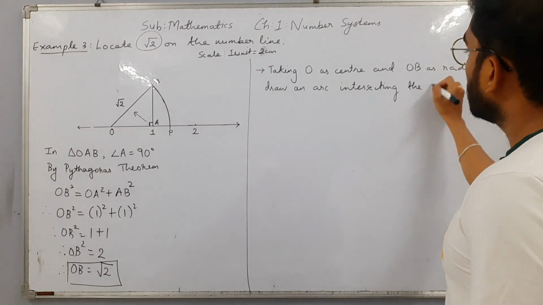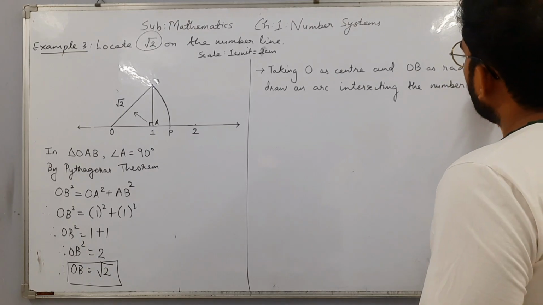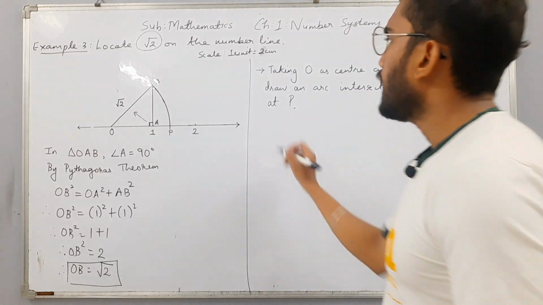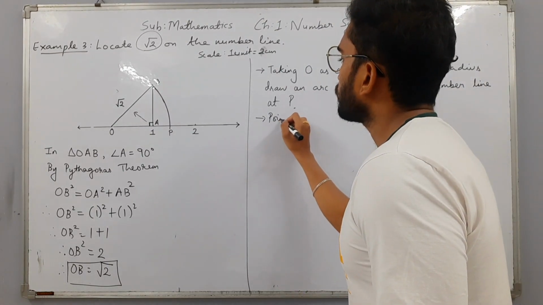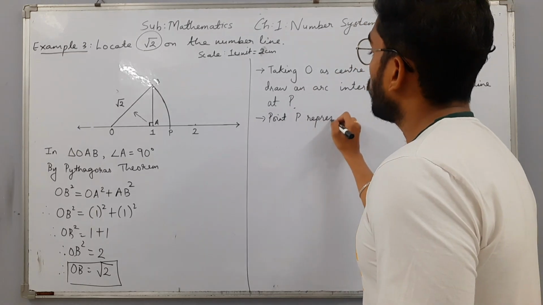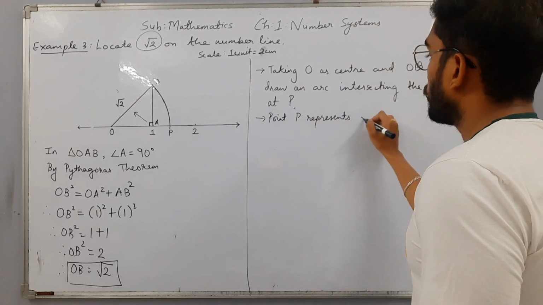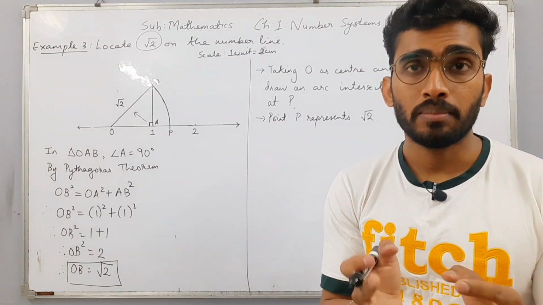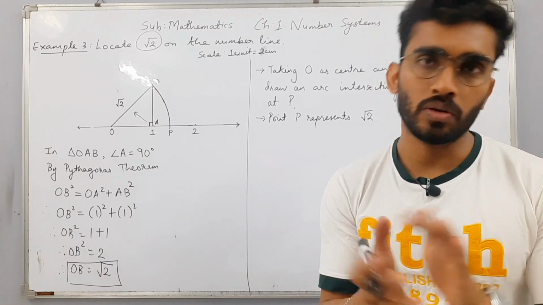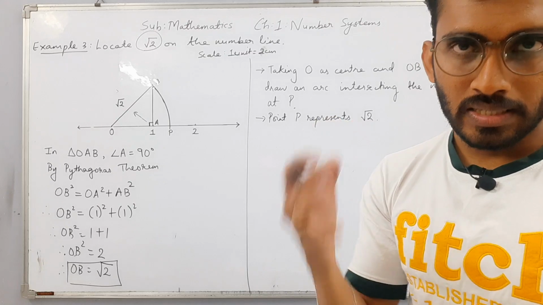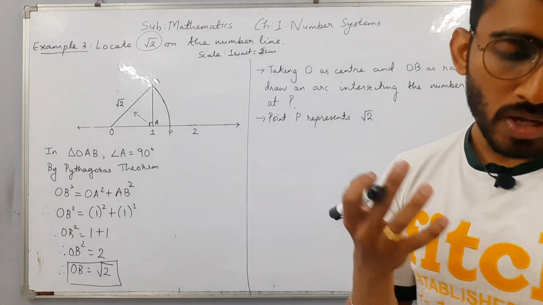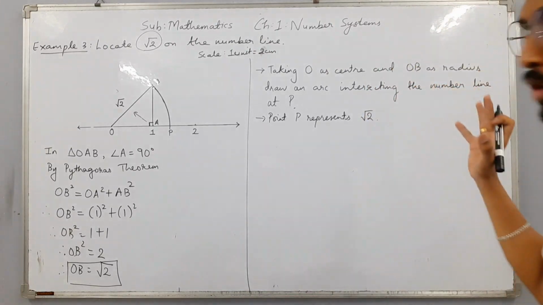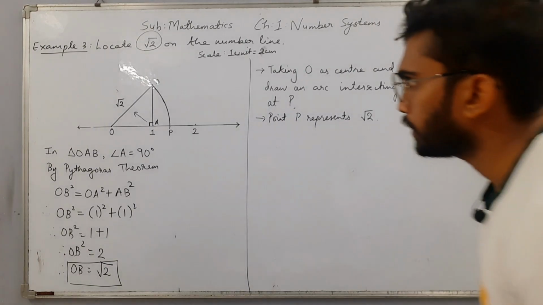Intersecting the number line at P. Intersecting the number line at point P, and then point P represents which number? It represents root 2. So this is how we have to show root 2 on the number line using which theorem? Pythagoras theorem. Going for the same type of question, the fourth example: locate root 3 on the number line. So note down this. Okay, now I am going to erase and go for example number 4.